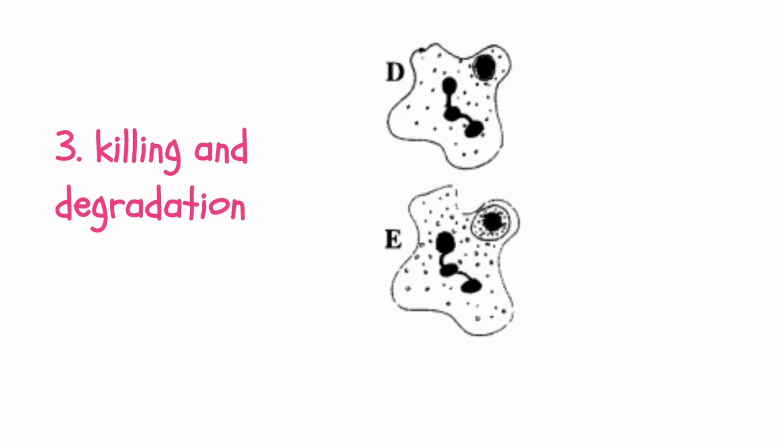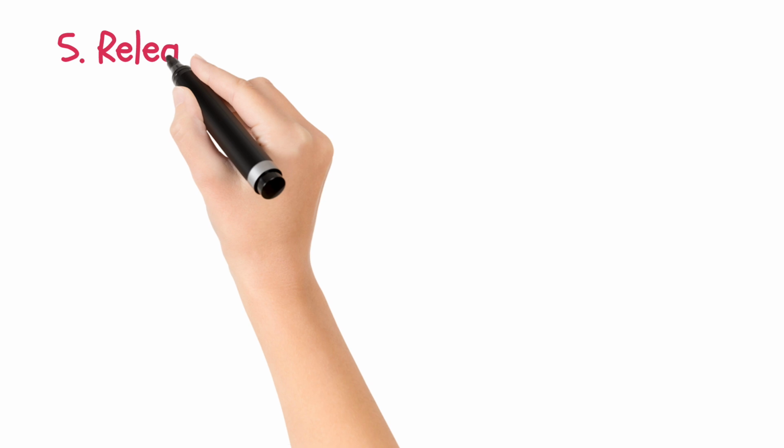So the phagosome and the lysosome will fuse, and remember that the injurious stimuli is in the phagosome. So when they fuse together, the next thing is death of whatever is within that phagolysosome. So now we are done with phagocytosis.